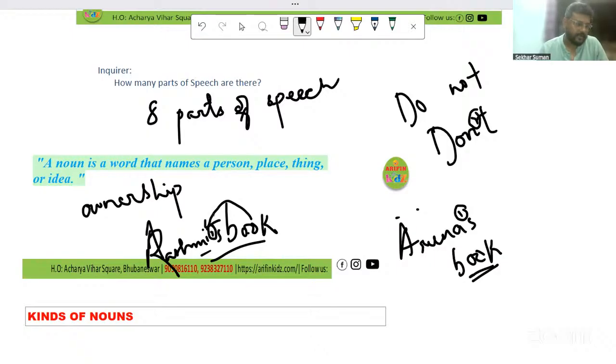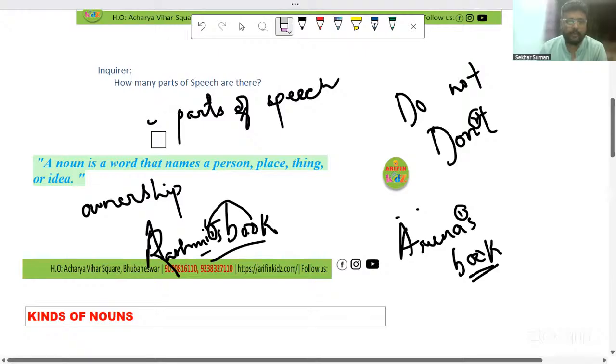Mohan's pen, Niranjan, right. Tina's storybook, correct. Kashmi's bed, something owned by a person, right. Rohan's car, good children. You people are very interactive.